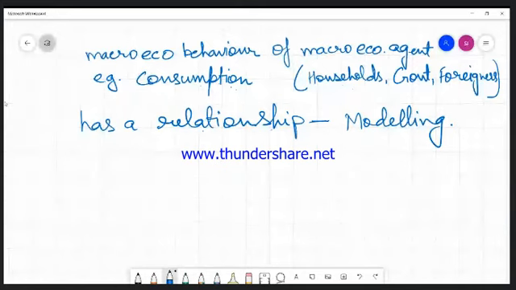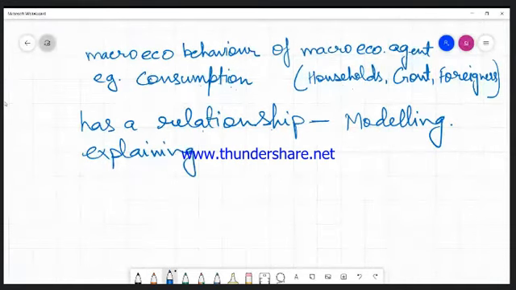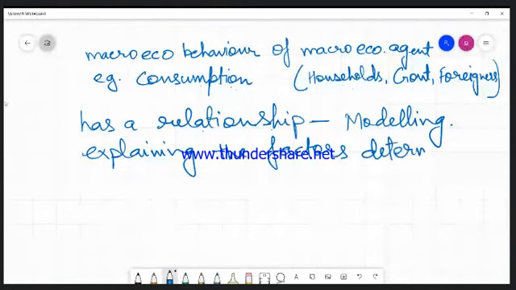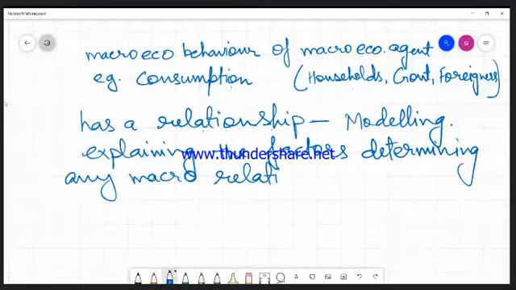So what are you trying to do actually in this modeling? Explaining the factors determining any macro relationship. Now, again, because we took the example of consumption, say consumption for households or maybe government or foreigner.